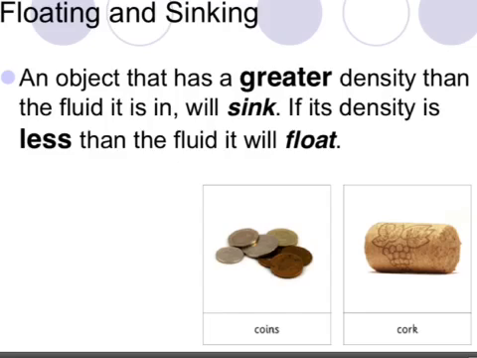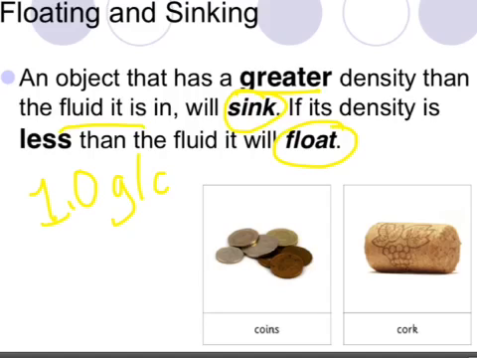Okay, so to determine floating and sinking, there's a rule. Any object that has a greater density than the fluid it's in will sink. But if its density is less than the fluid it's in, it will float. So we usually talk about water. Water has a density of 1 gram per cubic centimeter. Anything with a density greater than 1 will sink in water.